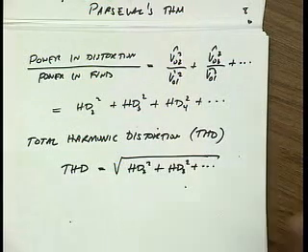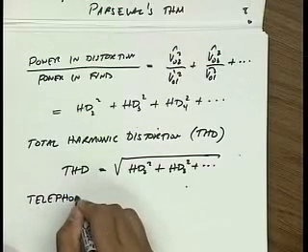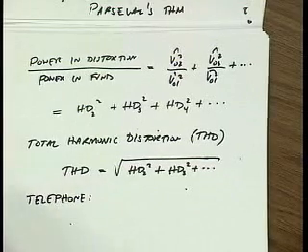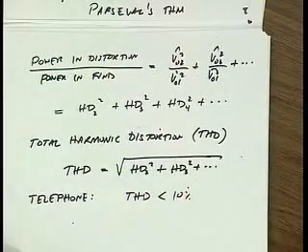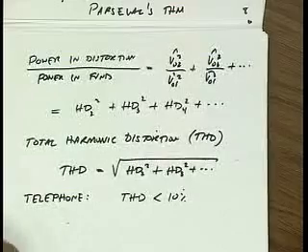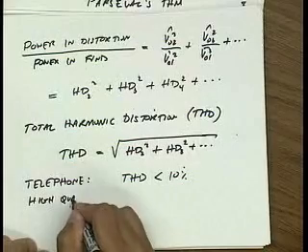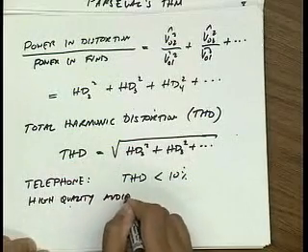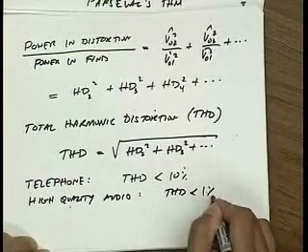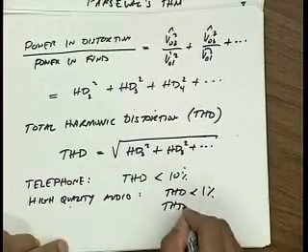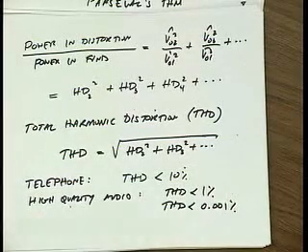All right, so let's give you some examples. For telephone, if you make a phone conversation, even a landline, sounds pretty crappy, right? THD could be as large as 10%. Let's say high quality audio: anywhere from 1% to, if you pay a lot of money, as little fraction of a percent as you want.